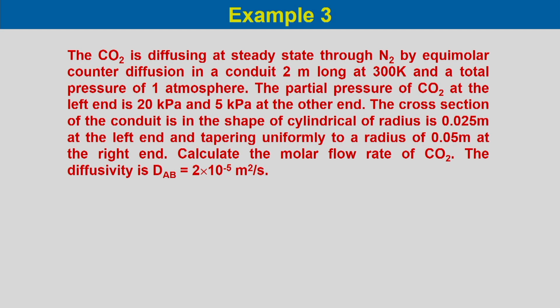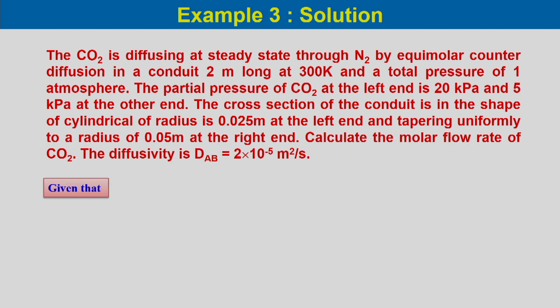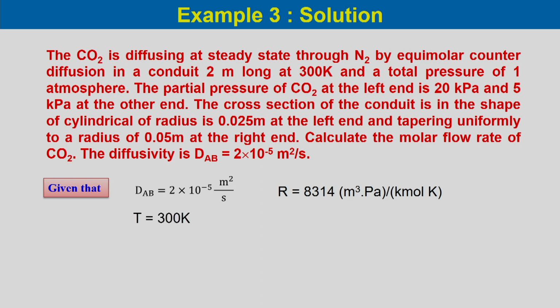The diffusivity of the component dAB is equal to 2 into 10 to the power minus 5 meter square per second. Now, the data which are given can be noted. dAB is equal to 2 into 10 to the power minus 5 meter square per second. R is 8314 meter cube Pascal per kilomole Kelvin. T is the temperature, which is 300 Kelvin.